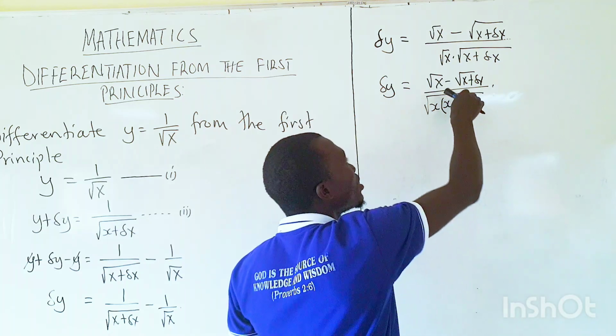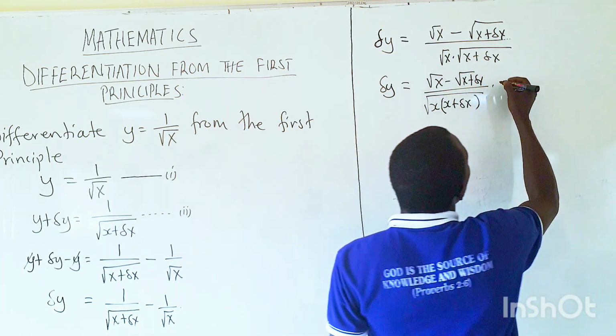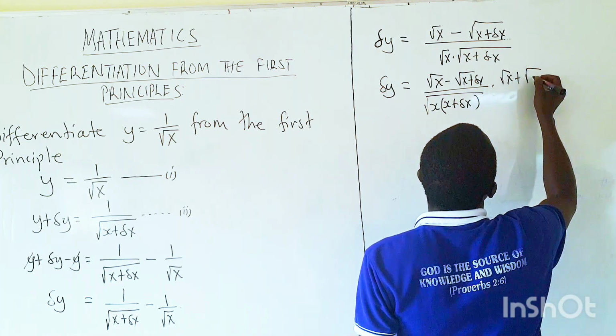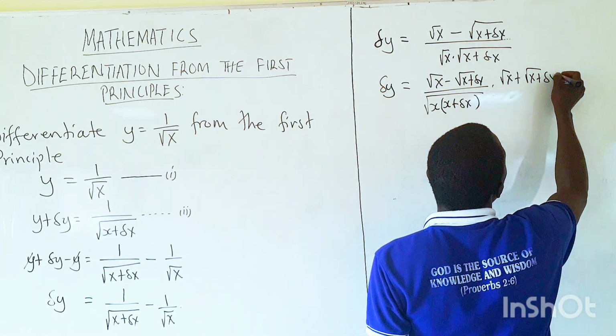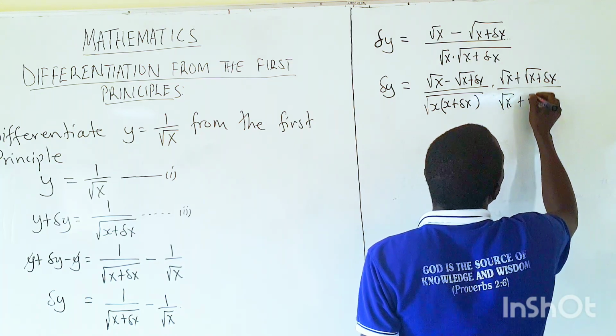The conjugate will be simply changing the sign, our sign here which is negative. So it will now be root 2x plus root 2x plus delta x over root 2x plus delta x.